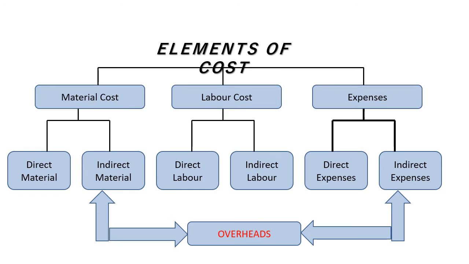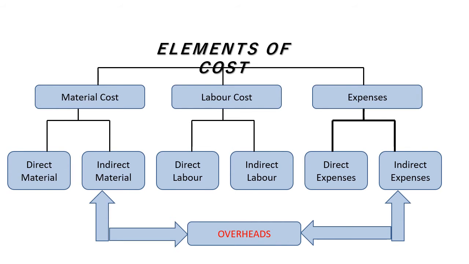See the important elements of cost in this chart. Elements of cost means the total cost of a product consists of various elements of cost. These elements are as under.